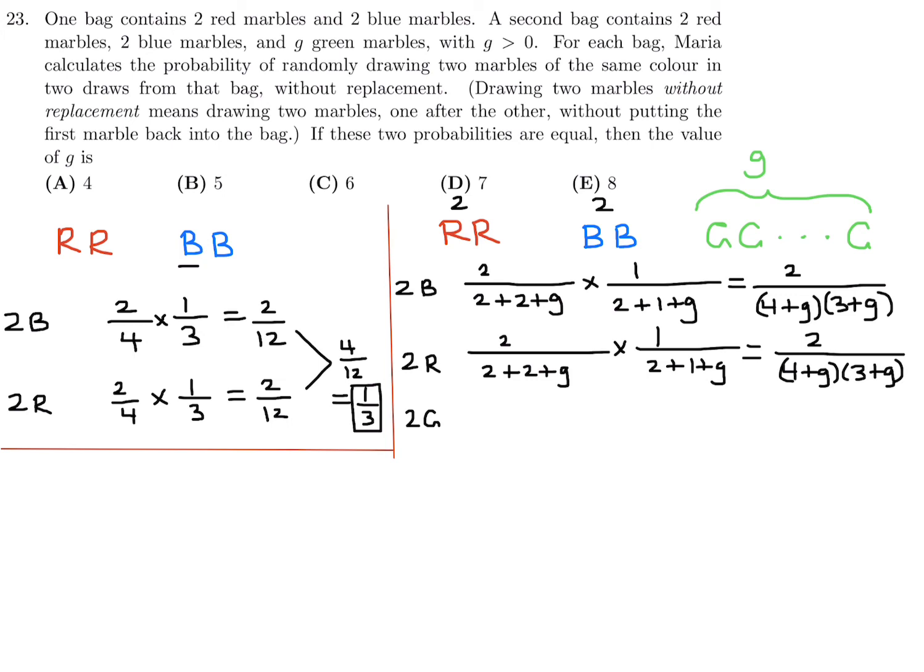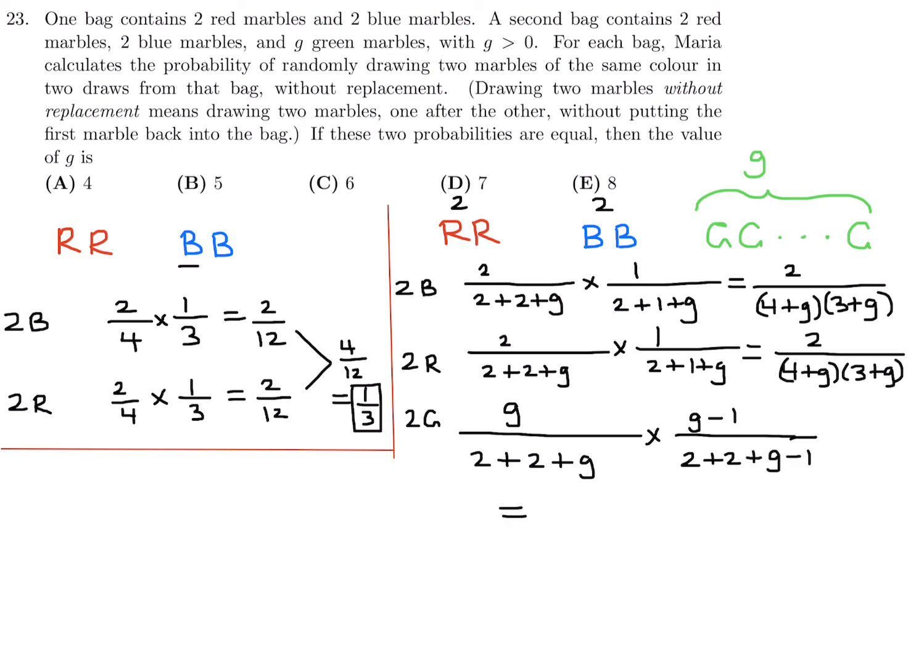Now 2G, the probability of getting green for the first selection is G over 2 plus 2 plus G. The probability of getting a green for the second selection, now it's G minus 1 over 2 plus 2 plus G minus 1.